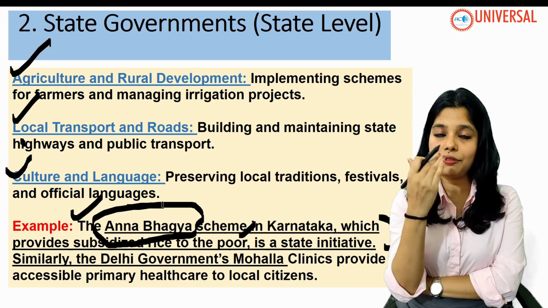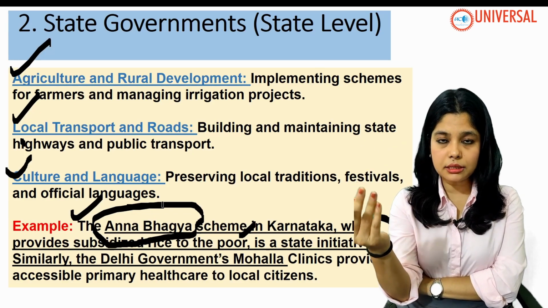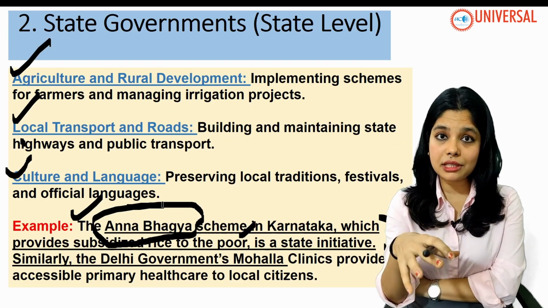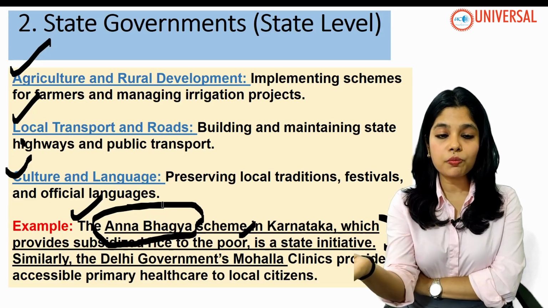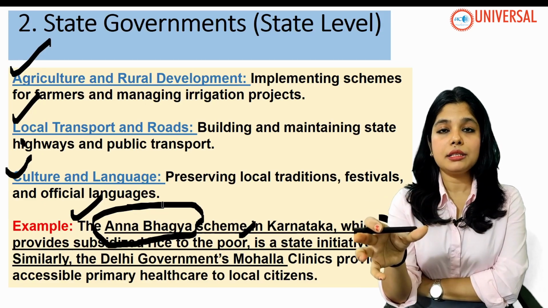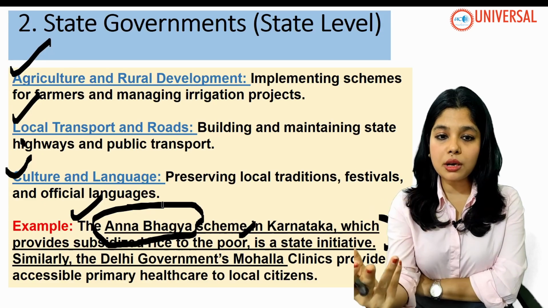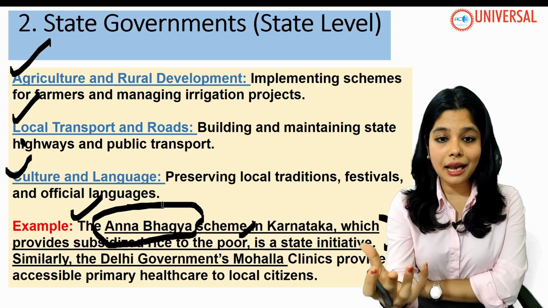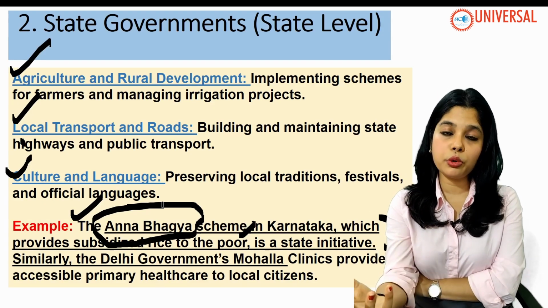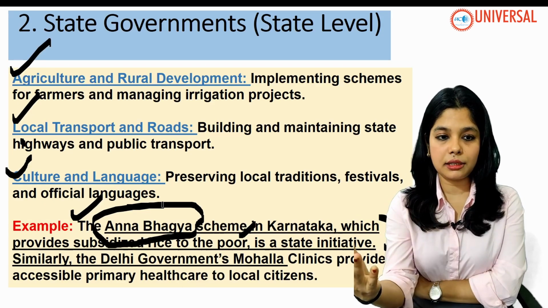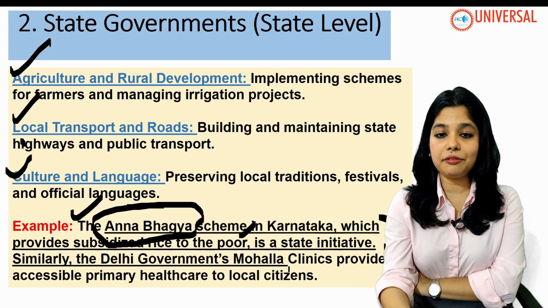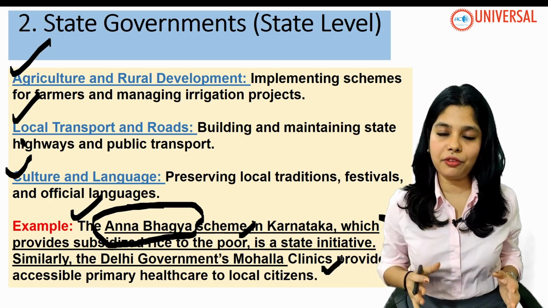There are central level welfare schemes and policies, but there are state level schemes and policies too. So you have the Anna Bhagya scheme in Karnataka, which talks about subsidized rice being provided to the poor people in the state of Karnataka. Similarly, the Delhi government's Mohalla clinics are very famous in Delhi.